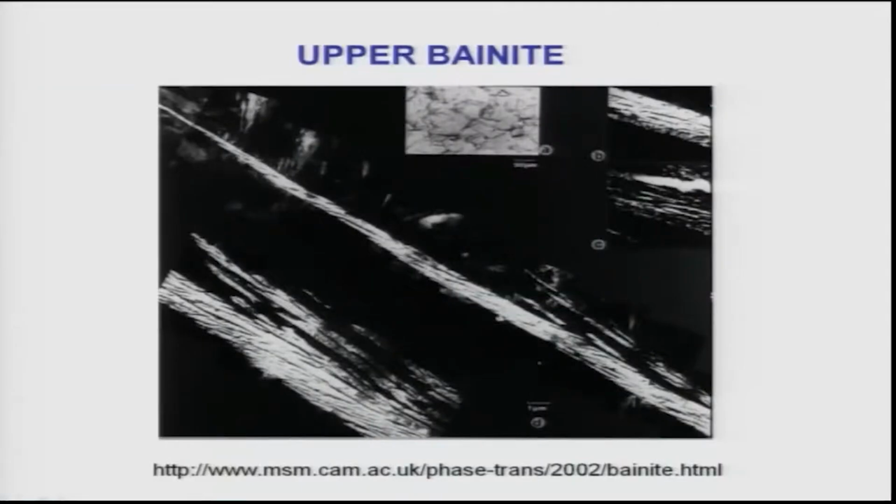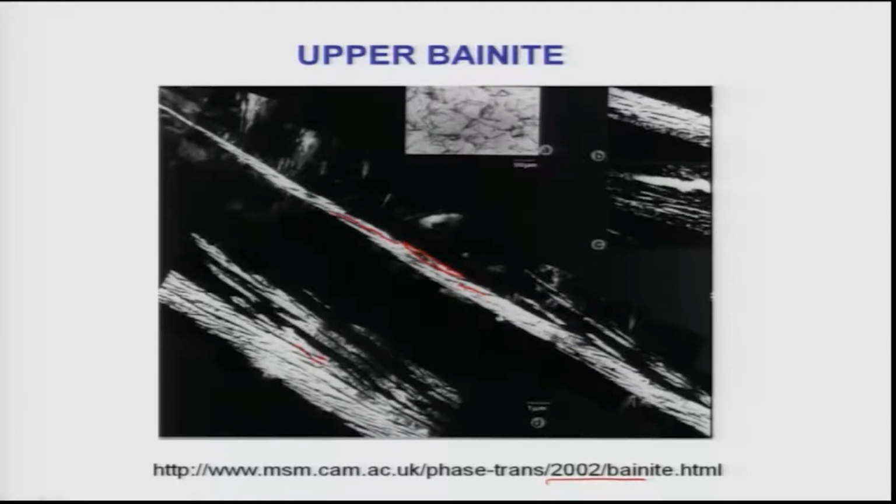Yeah, this is upper bainite that is seen here, these are the alpha ones, and between these are actually the cementites. You see between the alpha plates, this is taken from the home page of Professor Bhadeshia, that is given here. Okay, you can see that these are long alpha plates or needles, and there are many of them, and in between them the precipitates happen.